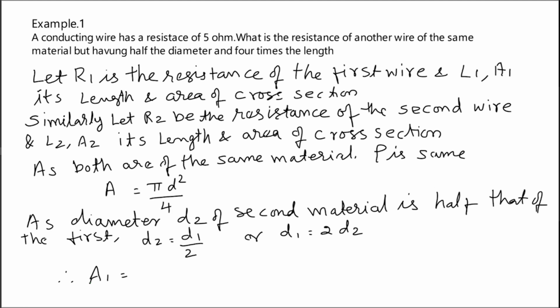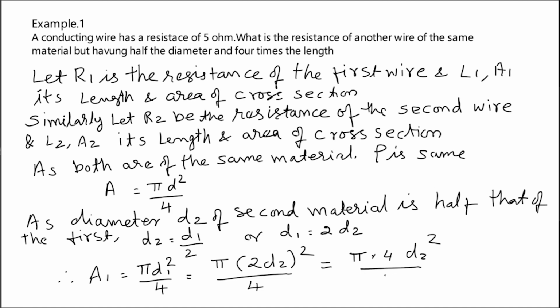Therefore, A1, area of cross section of first material, is equal to pi into d1 square by 4, that is equal to pi into, we know that d1 is equal to 2d2. So substituting here, A1 is equal to pi into 2d2 the whole square divided by 4, that is equal to pi into 4 d2 square by 4. The common factors can be cancelled, so A1 becomes pi d2 square.